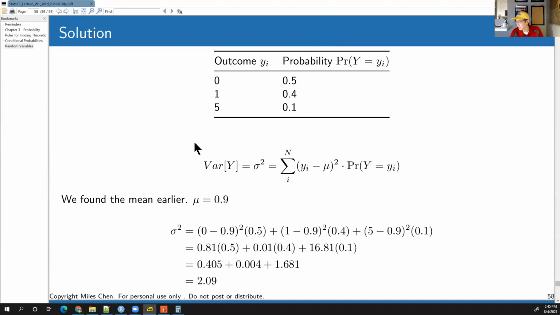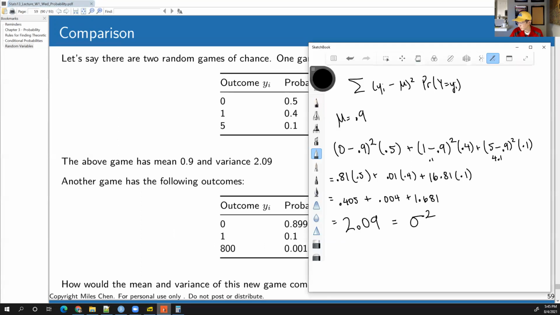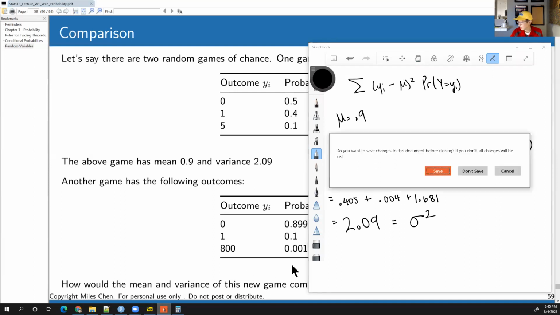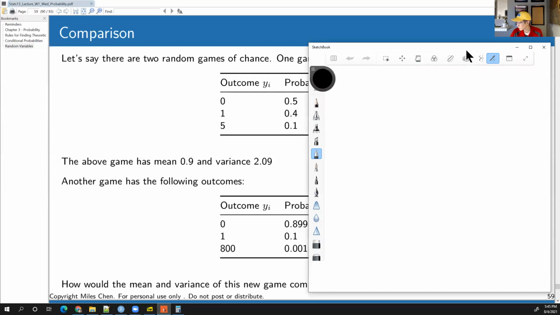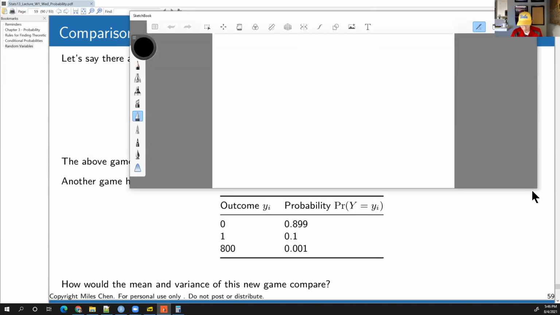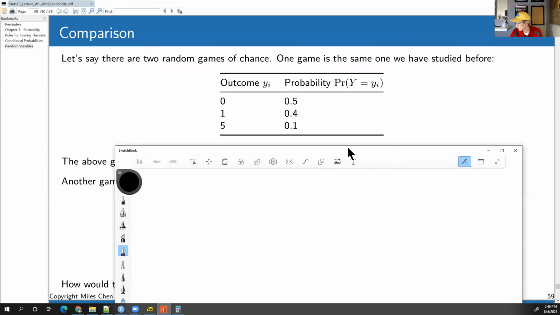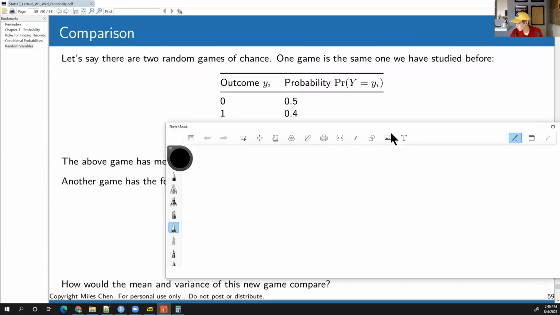But what does this mean, right? So let's take a look and see what it means to have a variance. Here I'm comparing two random games of chance, basically two wheels.